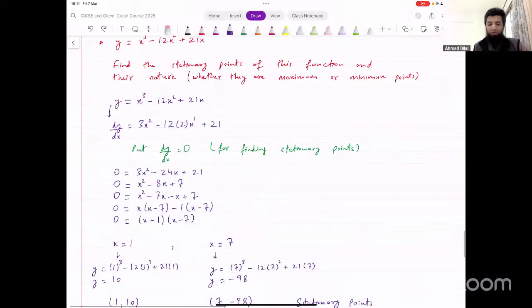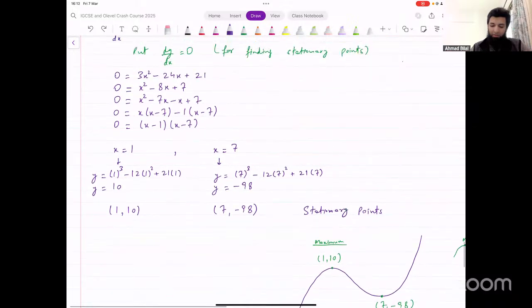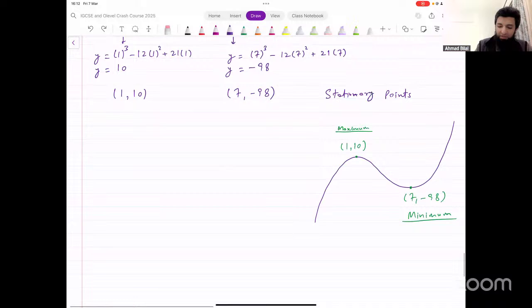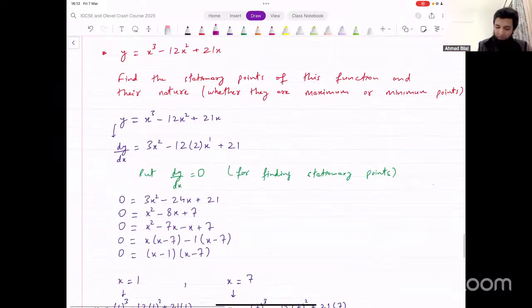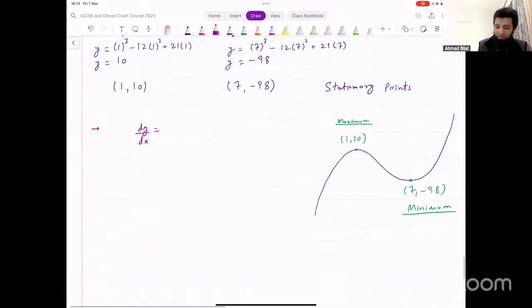Now, what do we do with the second derivative? We have already found the first derivative above, and the first derivative was dy over dx equal to 3x squared minus 24x plus 21.